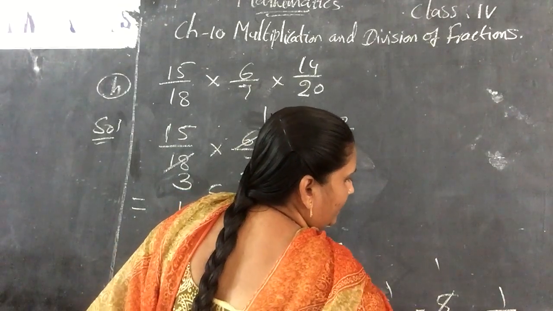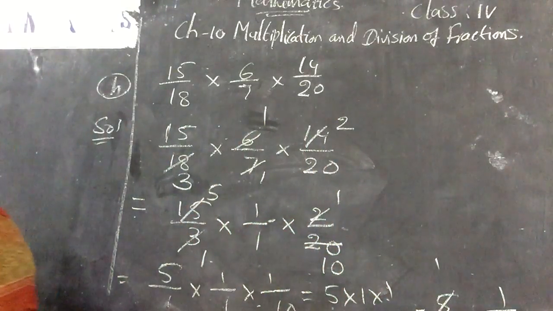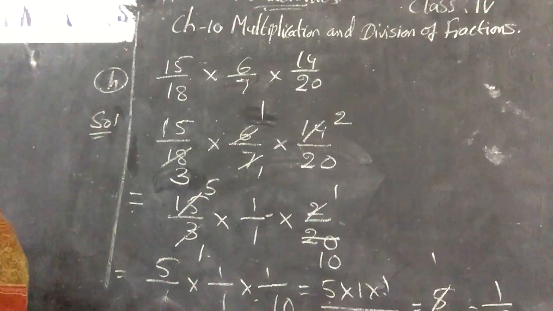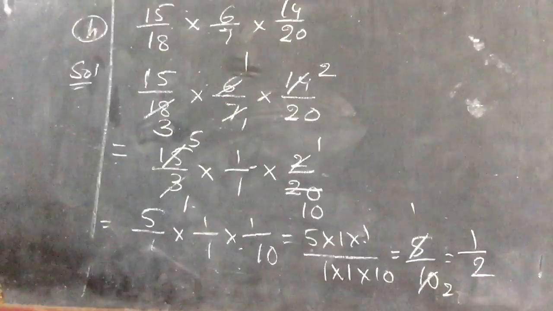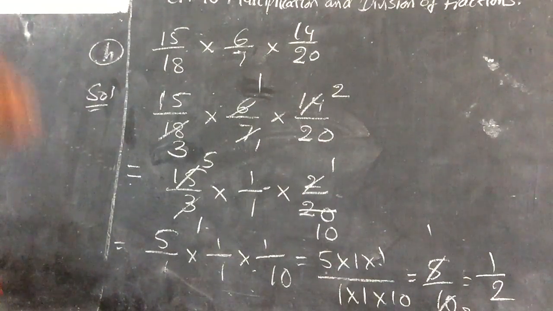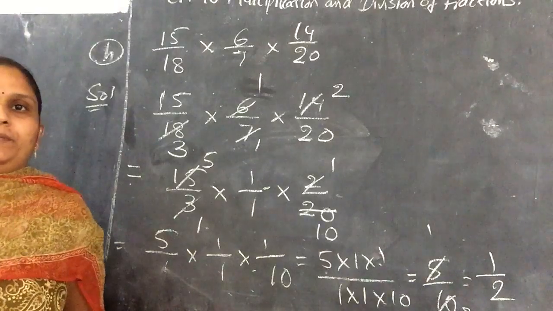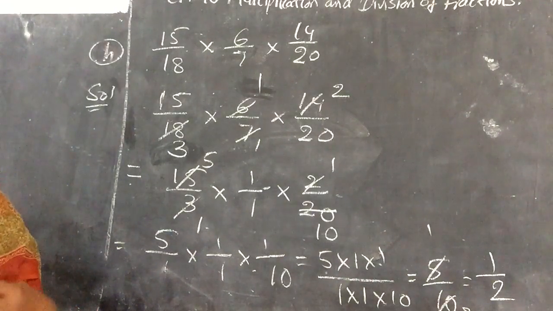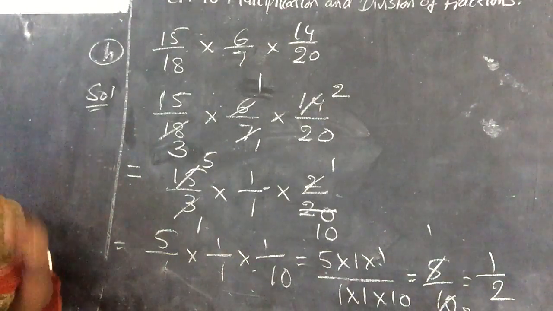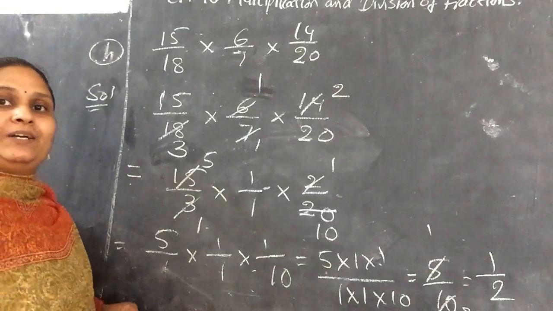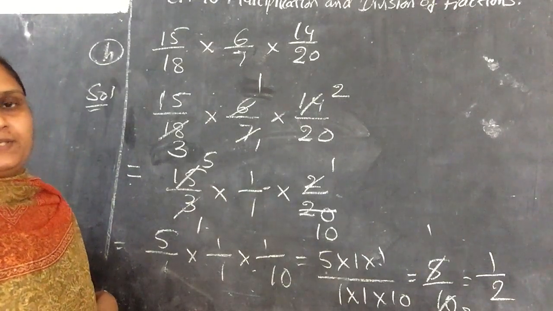And the answer is 1 by 2. Okay. Next, remaining sums also you have to do like this only. Do the cross division and complete the sums.